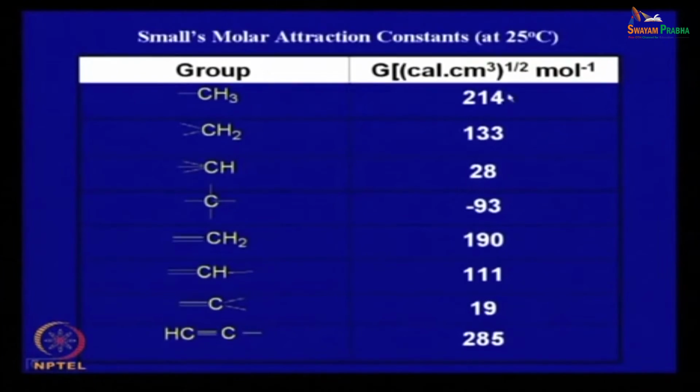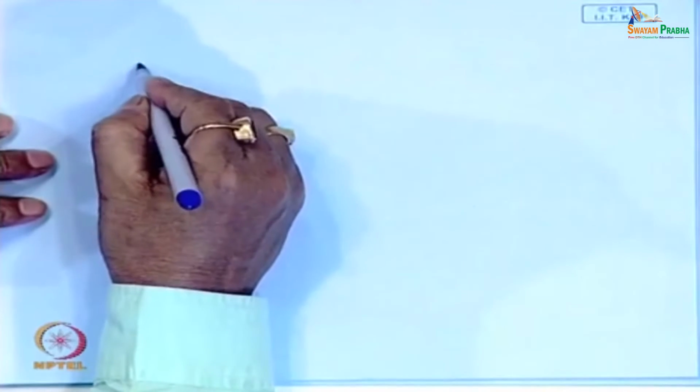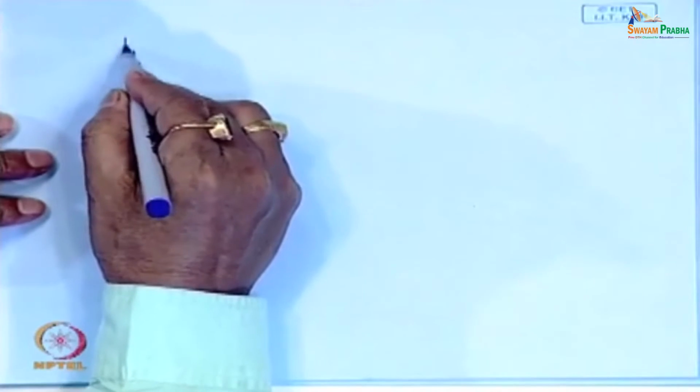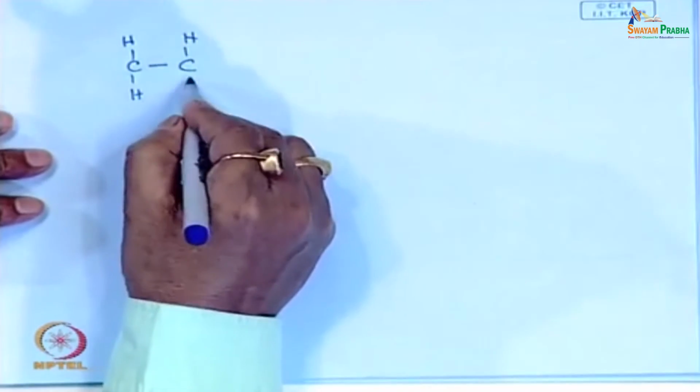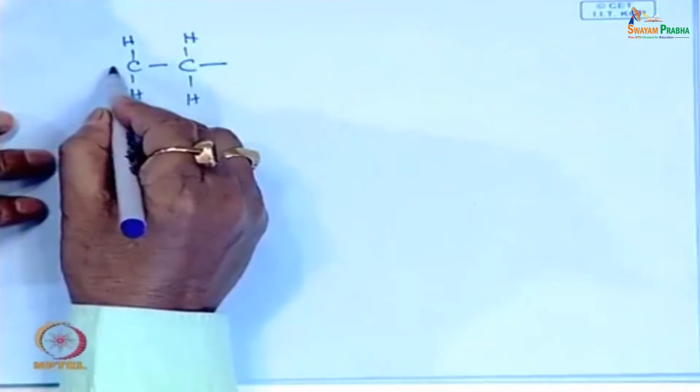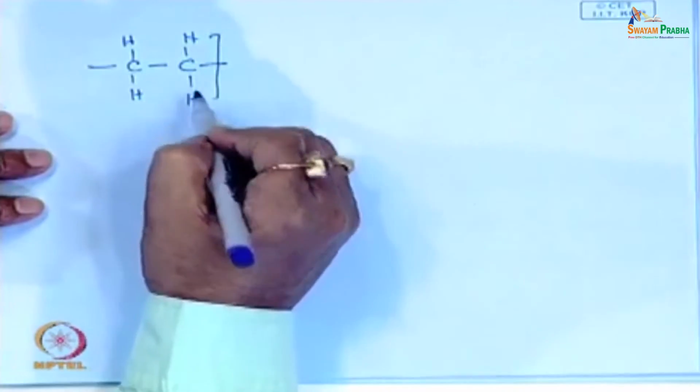That means, if these values are available, suppose you take a polymer, say this polymer, and you are asked to calculate these G values.